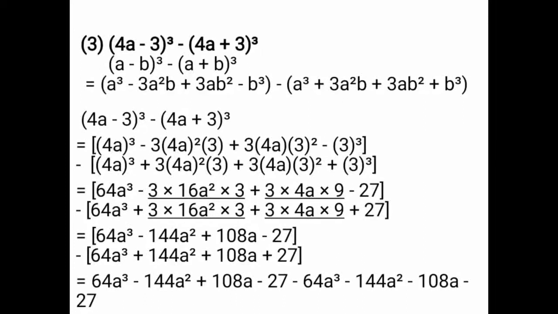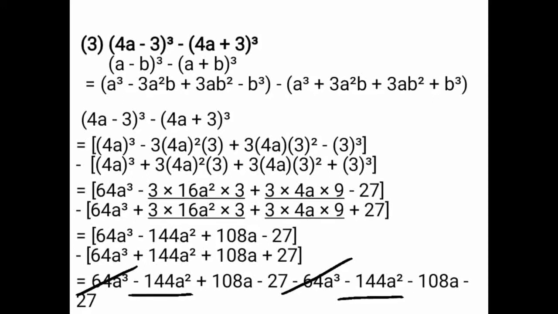Now you have to add and subtract the like terms after removing the brackets. 64a cube minus 64a cube get cancelled. Minus 144a square minus 144a square, you have to add, because if you have two negative numbers, the answer is negative. After adding, you put the negative sign.